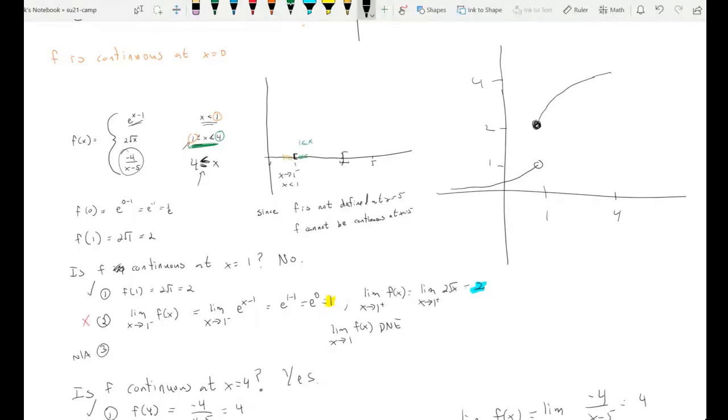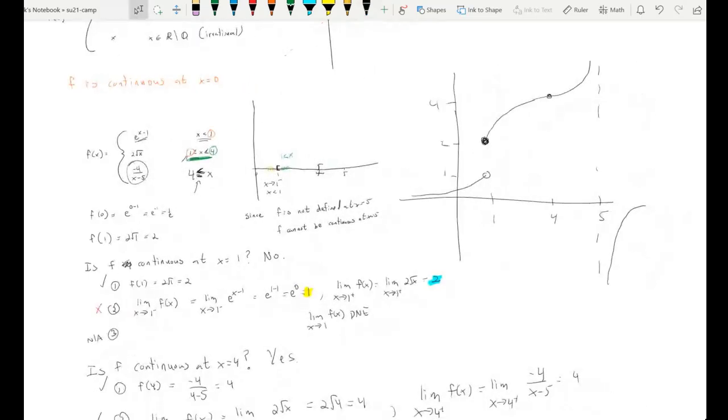And then you have some kind of piece that would go up and this would go down. Perfect. Okay, so that would be what the graph might look like.